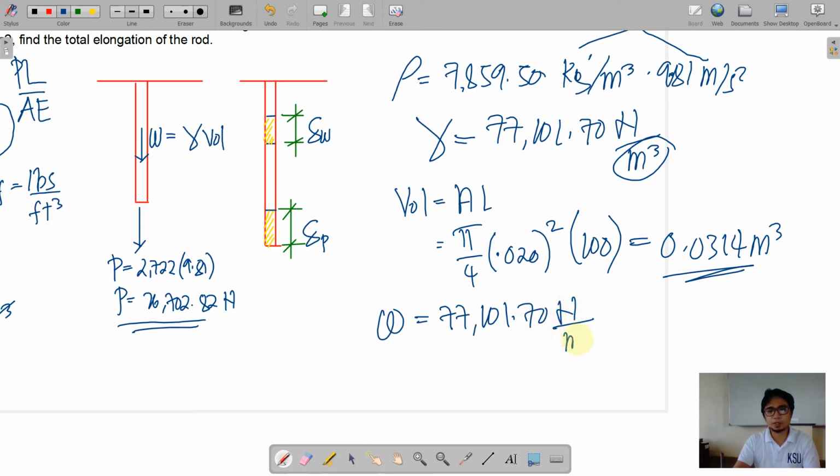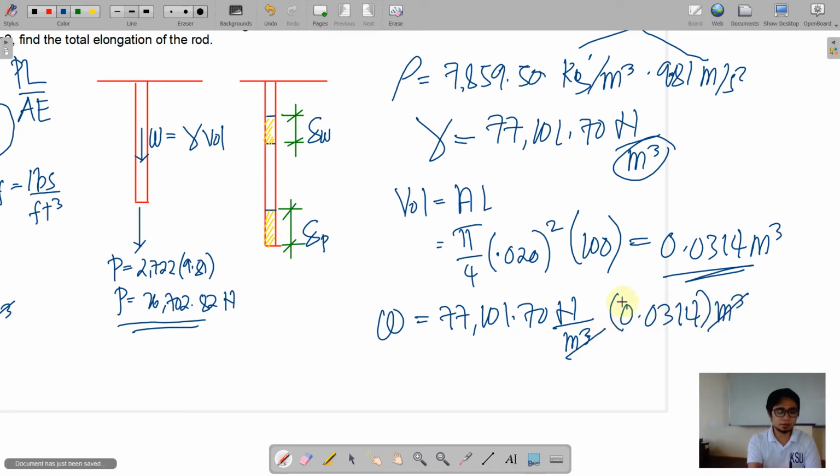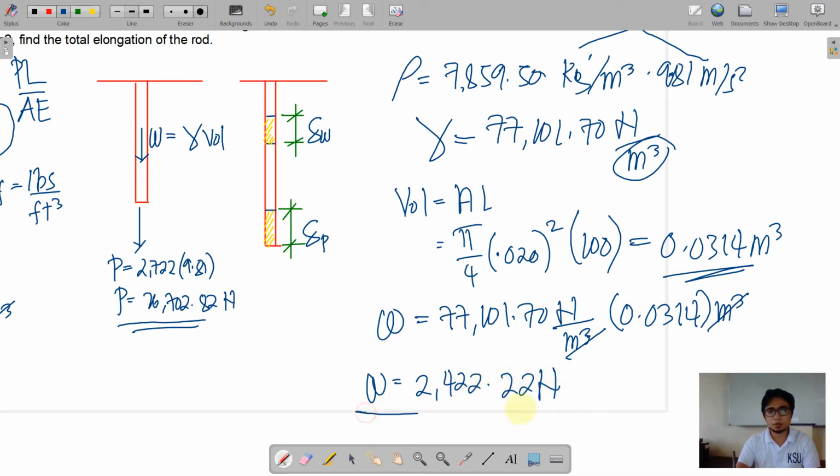So let me place the unit so that you can see that cubic meter here will just be cancelled. So we have an equivalent weight of 2,422.22 newtons.